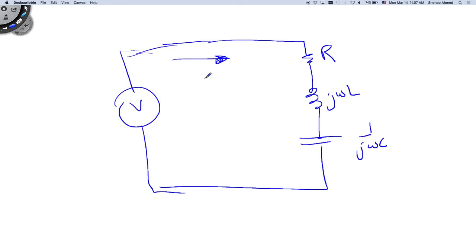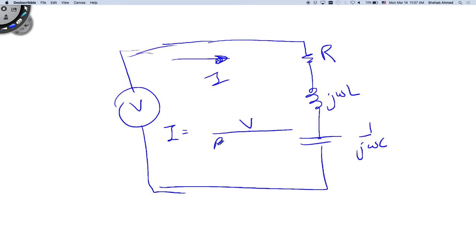what is the current that's flowing in this circuit? I is equal to what? V over what is the total impedance? The sum.